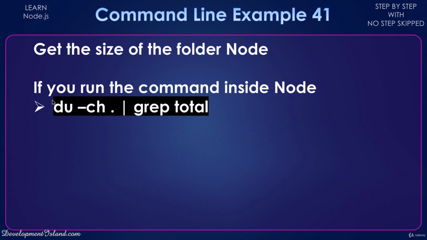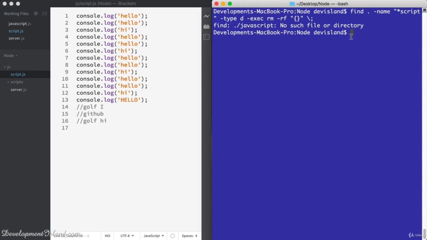First of all, let's try this command and see what we get. The command is du, and the options we're going to pass to it are C and H. The location we are referring to is the current location.